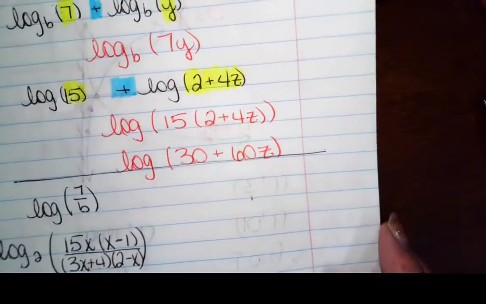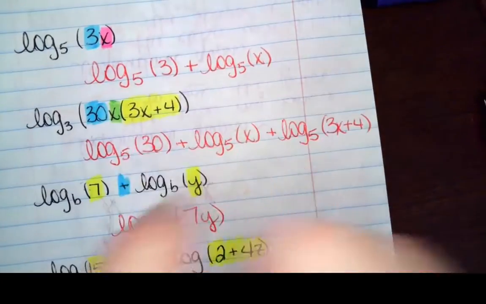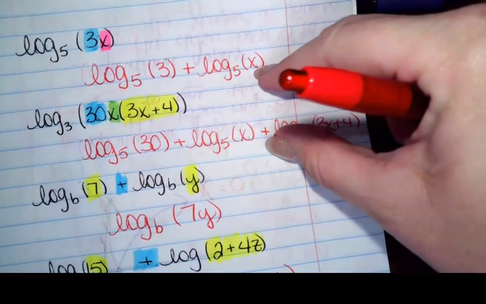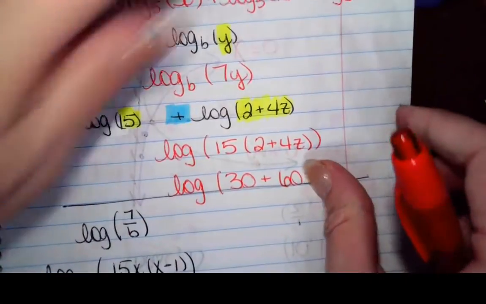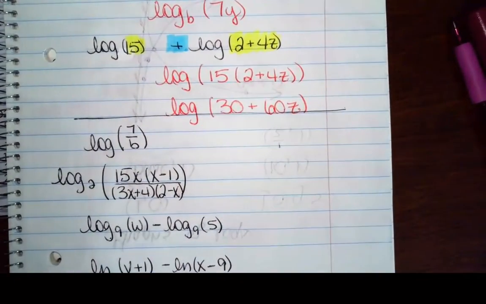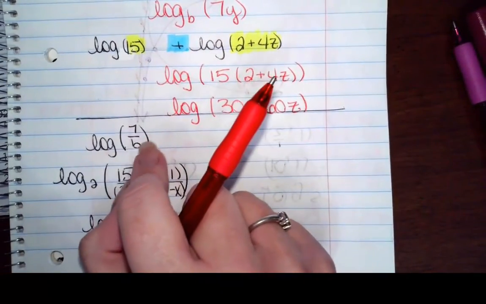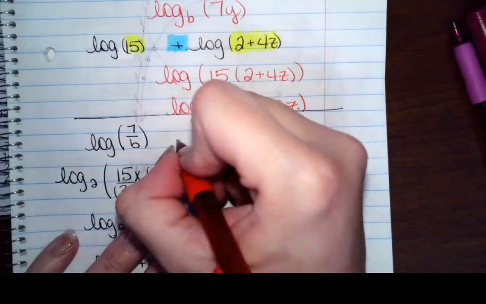Okay? So now we're going to move on to quotients. This was product. So I had multiplication on the inside changes to addition on the outside. Addition on the outside changes to multiplication on the inside. So now we're going to move on to quotients. Our rule is, if it is multiplication on the inside, it's addition on the outside. Well, guess what? If it's division on the inside, that means it'll be subtraction on the outside.